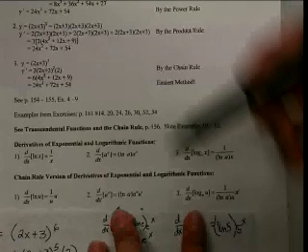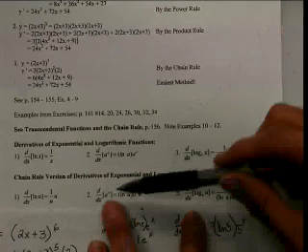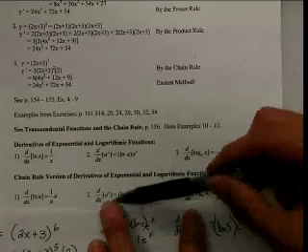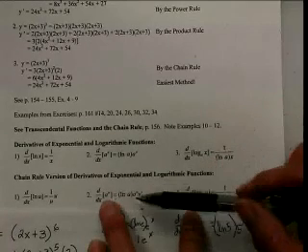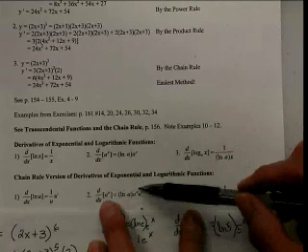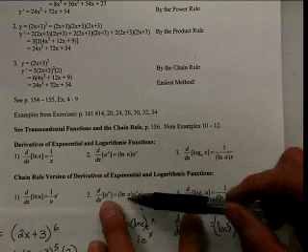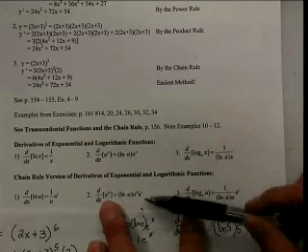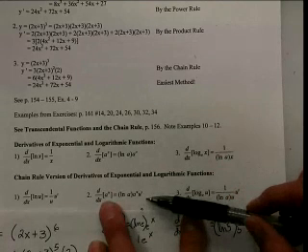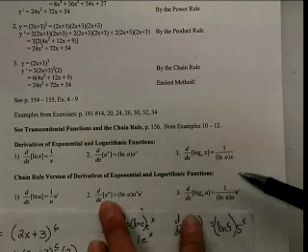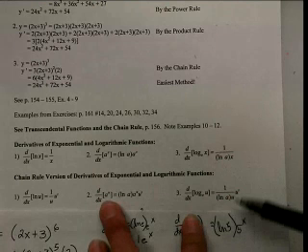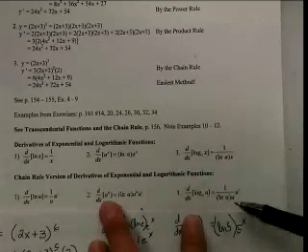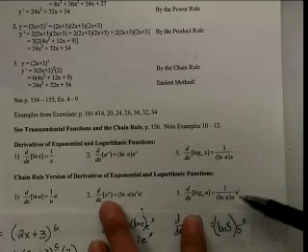If we have not just a to the x, but we have a to the ugly, then the derivative is going to have to be same old a to the ugly, same old natural log of the base, but also multiplied by the derivative of the ugly. And then the same thing for log base a of ugly. You not only have 1 over ugly, you have to have natural log of the base times the derivative of the ugly.